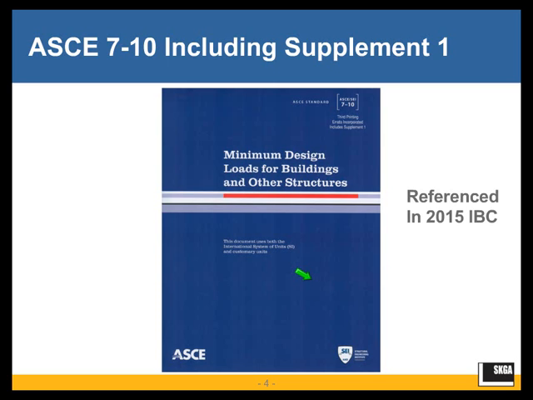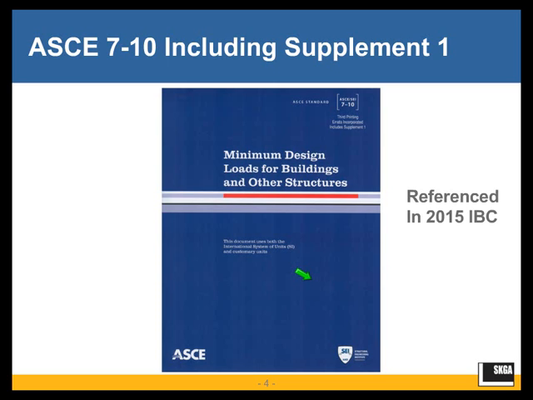2012 IBC did not. So the only difference between 2012 IBC and 2015 IBC as far as ASCE 7 goes is that supplement number 1 to ASCE 710 is adopted by the 2015 edition.